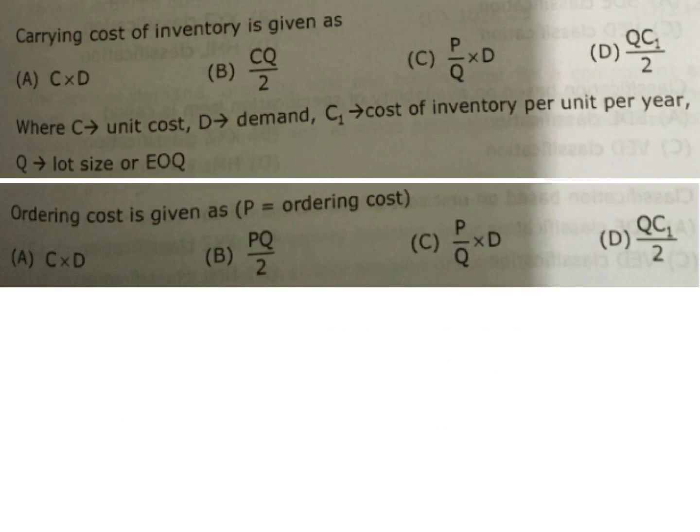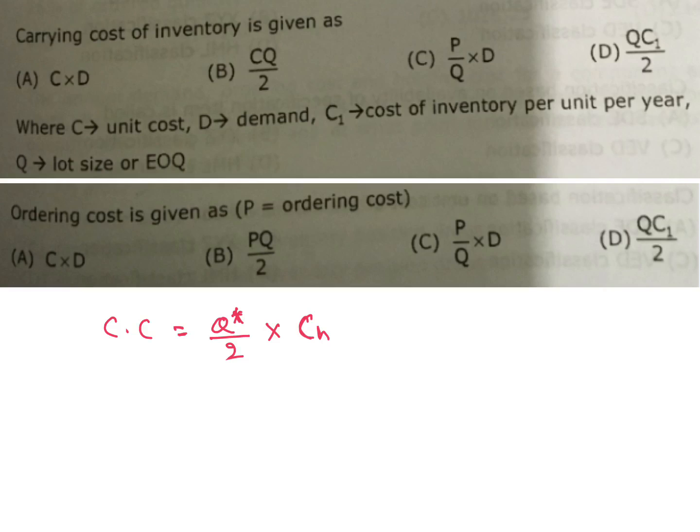The question is about the carrying cost of an inventory. C is unit cost, D is demand, C1 is cost of inventory per unit per year, and Q is the lot size of EOQ. In one question you have to calculate the carrying cost, and in the second question the ordering cost. Carrying cost CC is average inventory into unit carrying cost.